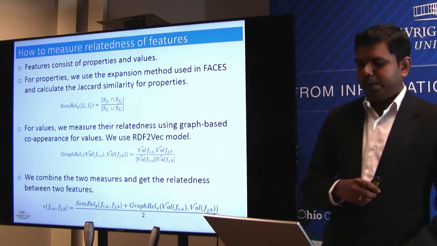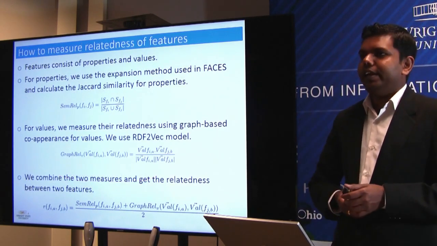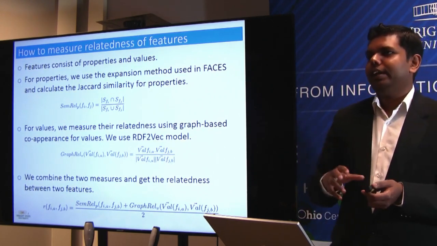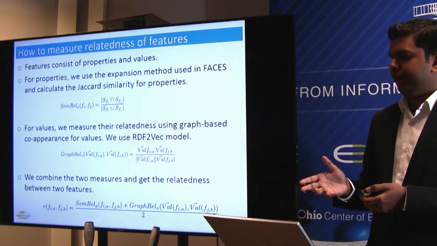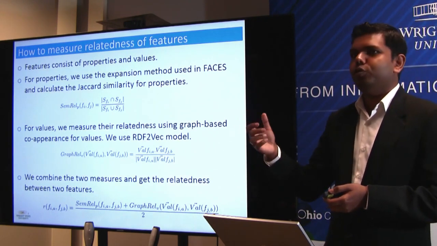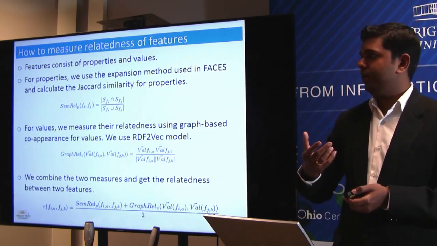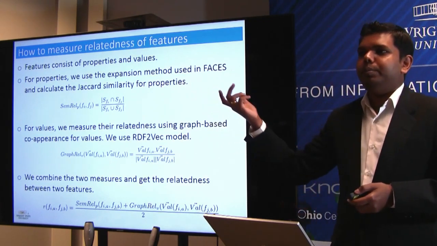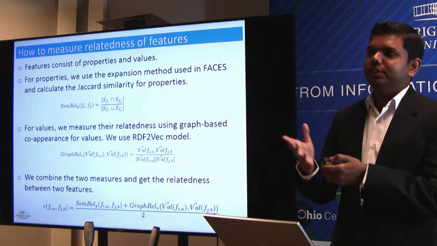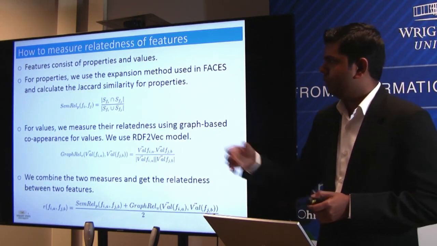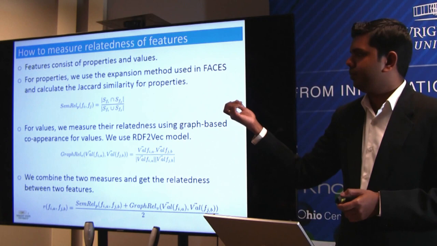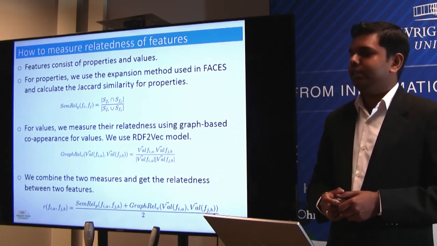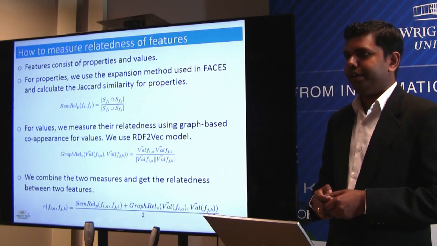And next, how we want to measure the relatedness of features. For this, there are two parts to measure relatedness in our case in entity summarization. First, we want to measure relatedness between properties. What we do here is semantic expansion. We look at the word set computation in PHASES and apply it to the properties of the features and measure the Jaccard coefficient, or the similarity.